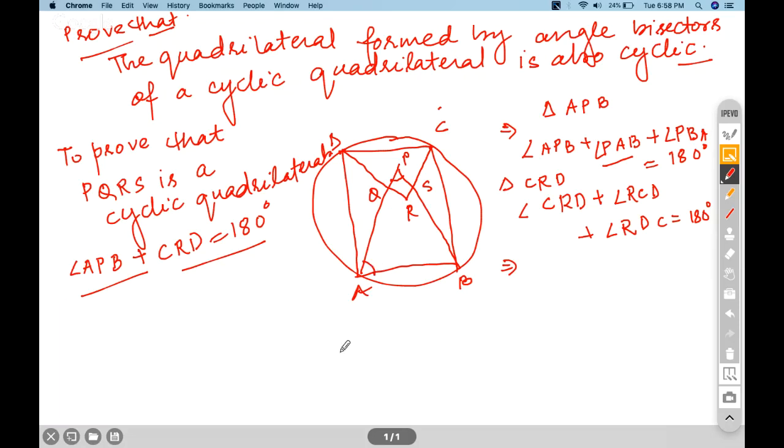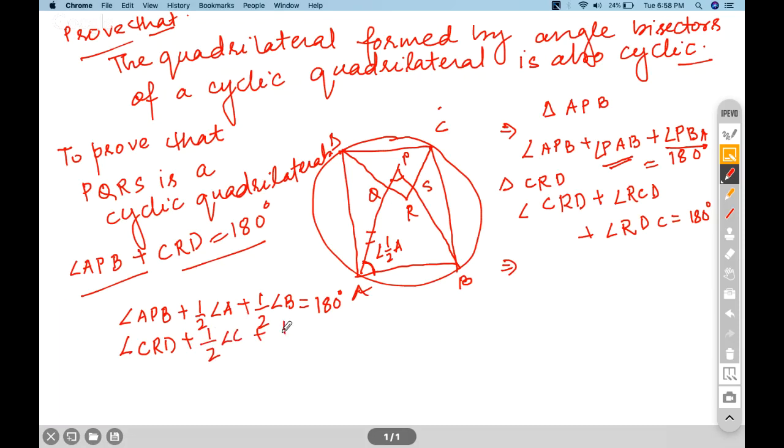If PA is the angular bisector, then angle PAB would be half of angle A. So angle APB plus half of angle A plus half of angle B is equal to 180 degrees. Similarly, CRD plus half of angle C plus half of angle D would be equal to 180 degrees.